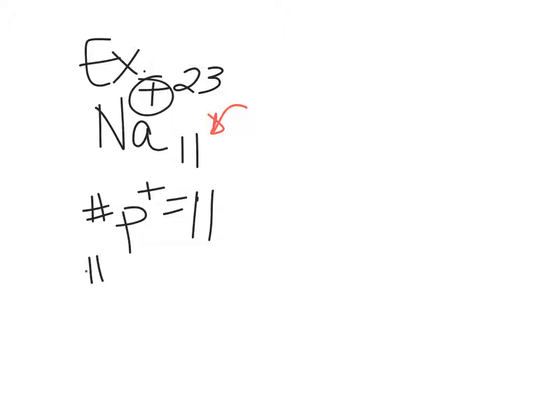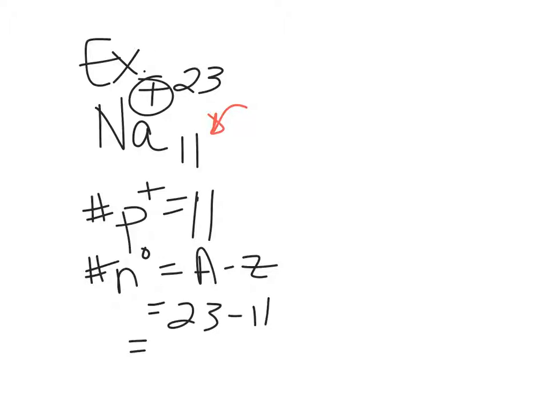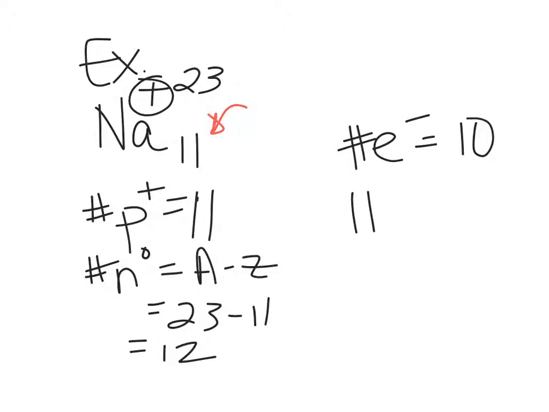The number of neutrons, we'll get to electrons in a second since this is an ion, the number of neutrons will be A minus Z, which is 23 minus 11. So the number of neutrons is equal to 12. And the number of electrons then is going to be equal to 10. And I'm getting that by taking the atomic number or number of protons, which was 11, and I'm subtracting 1.